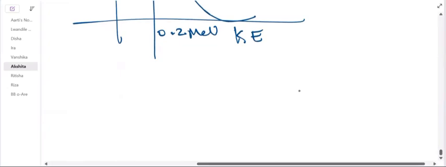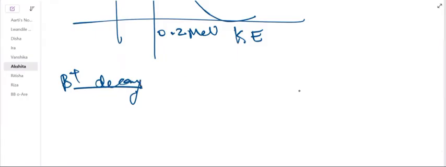After this, we are having beta plus decay. Already I had explained this term many a times, but let me give you one example for this also. Na 22,11 is there.